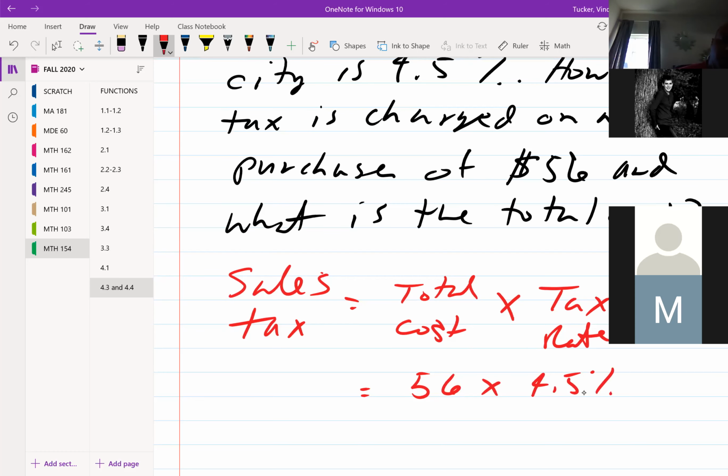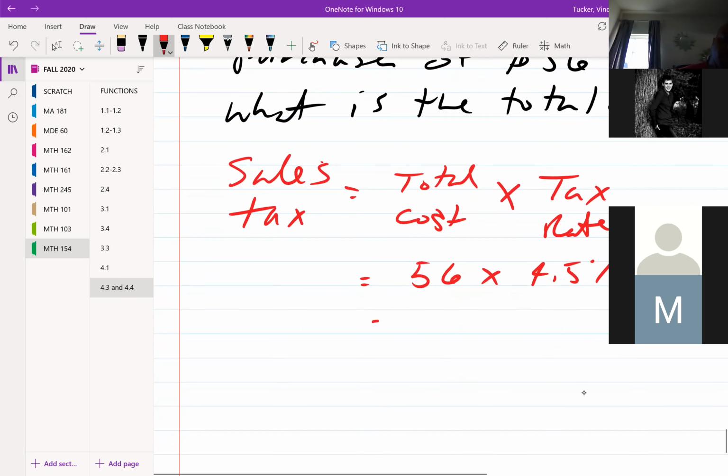So before you do your calculation with your percent, make sure you convert it to a decimal by moving the decimal place 2 places to the left. So your sales tax would be $2.52.